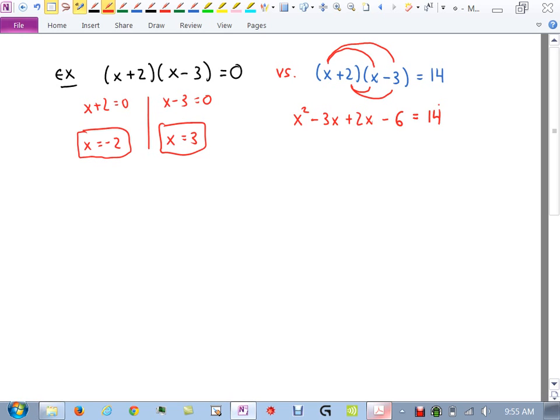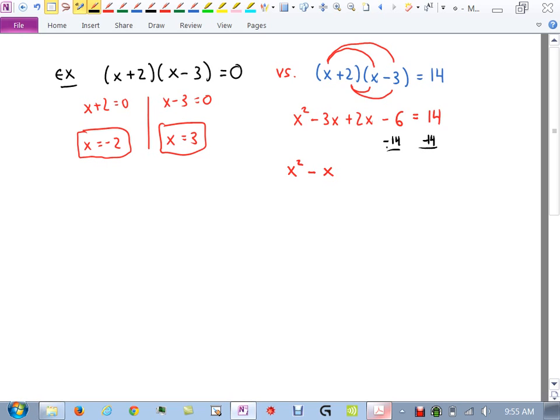Now bring the 14 over. Okay? What's going to happen when I bring the 14 over? I'm going to subtract it from 6, right? Now what is negative 3x and 2x going to become? Negative 1x, right? And then you said just subtract 14 on both sides, right?